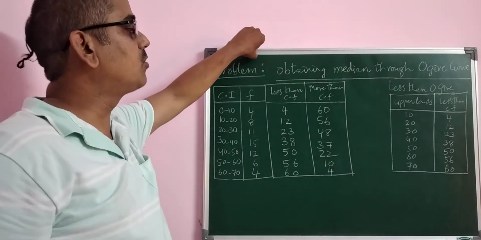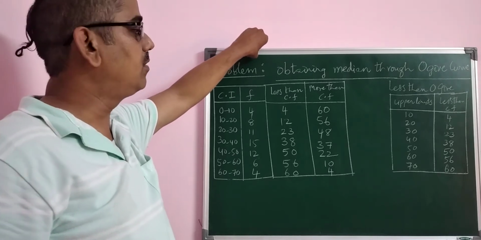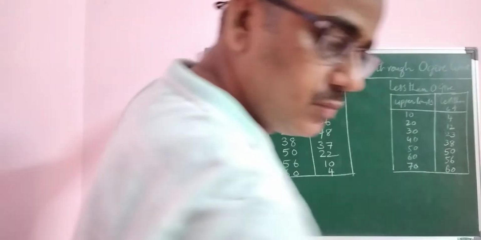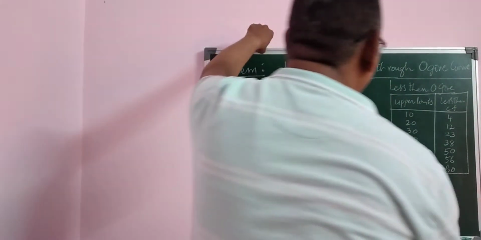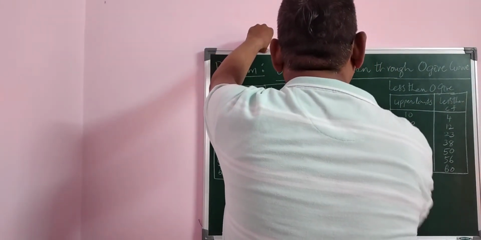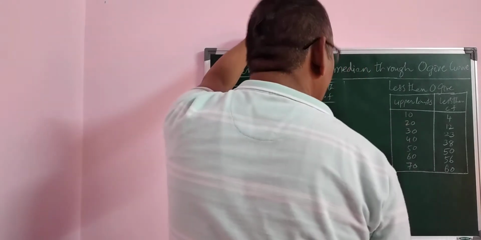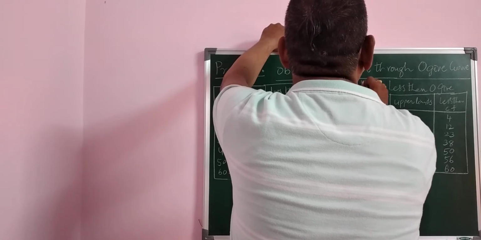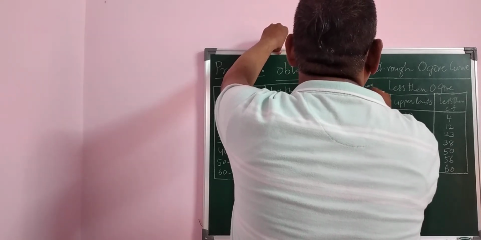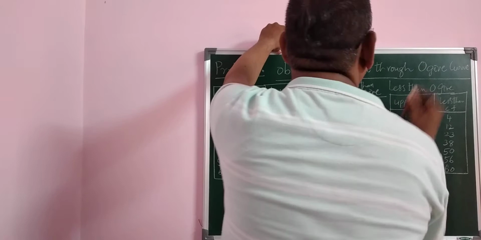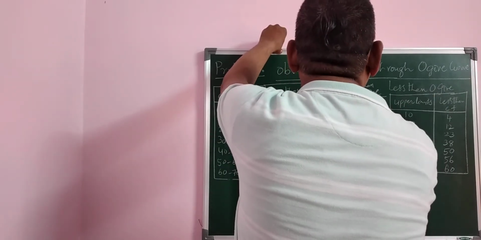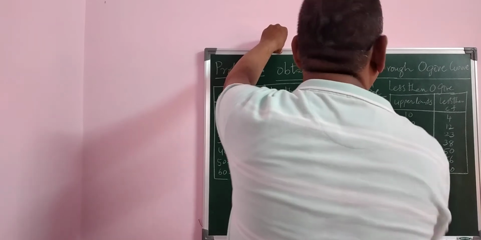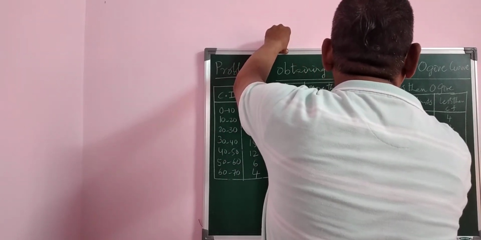Similarly, for more than Ogive, I draw another table, right? For more than Ogive, I draw a table here, with lower limits and more than CF.